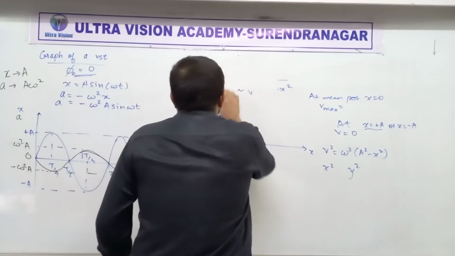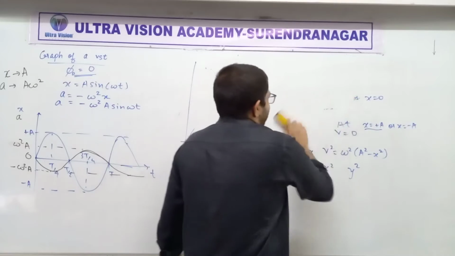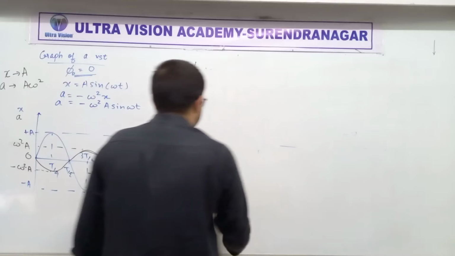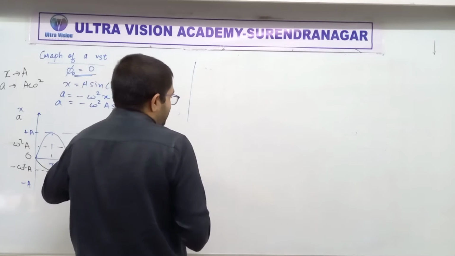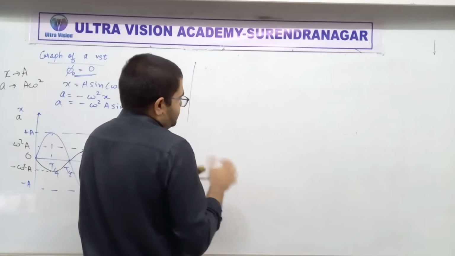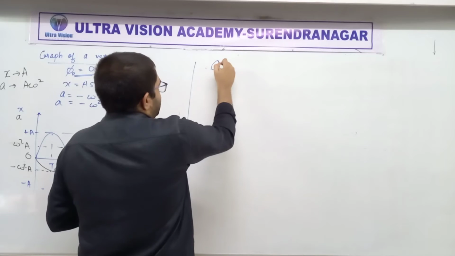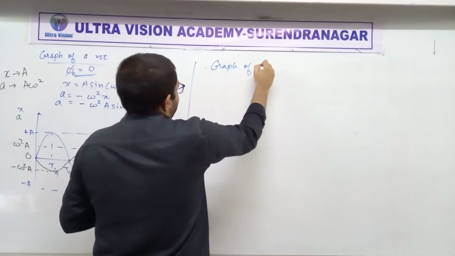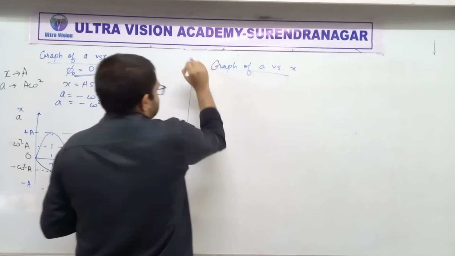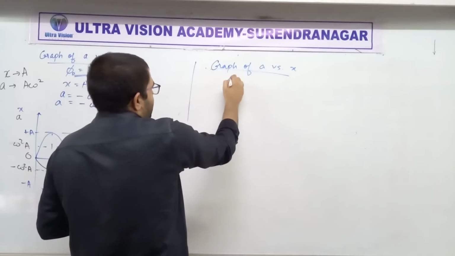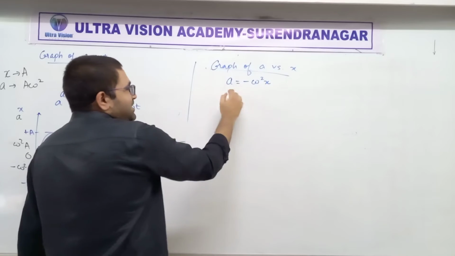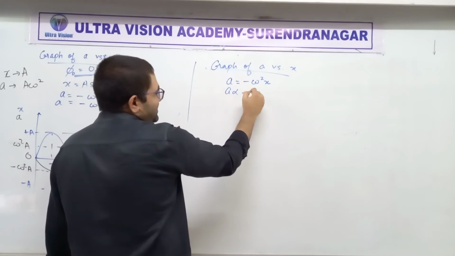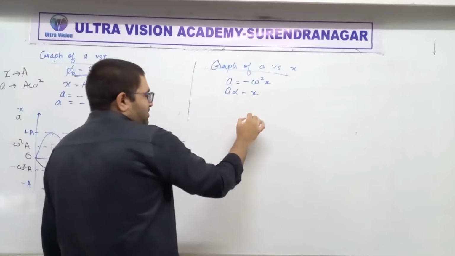Well, now we'll draw the graph of a versus x. Just like we have drawn the graph of v versus x, we'll now draw the graph of a versus x. This is so simple. a is equal to minus ω²x. So you see, this is a direct proportionality and no powers involved.